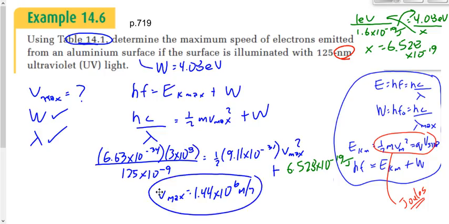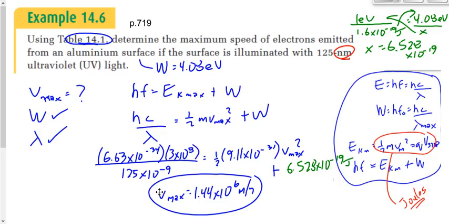If I illuminated that with a higher frequency, how would that affect the number of photons that were ejected? Higher frequency, how would it affect the number of photons? It wouldn't. If I had a higher frequency or lower wavelength, how would that affect the speed?